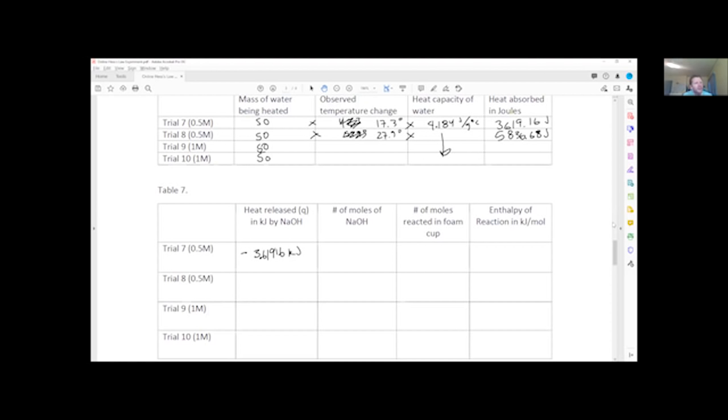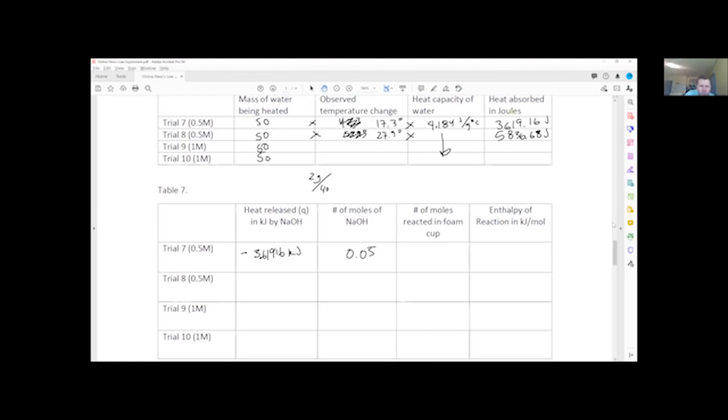Okay, number of moles of sodium hydroxide. I just did that calculation. I wish I wouldn't have erased it all, but that's 2 grams divided by 40. That 40 comes from our molar mass, and that's 0.05 moles of sodium hydroxide. Now the number of moles that reacted in my foam cup.